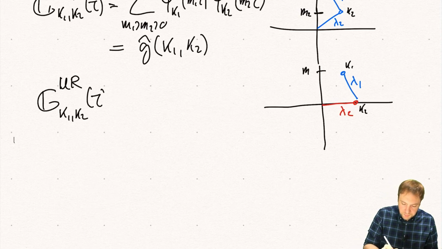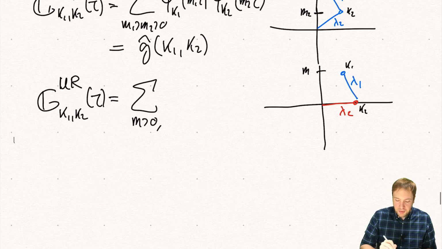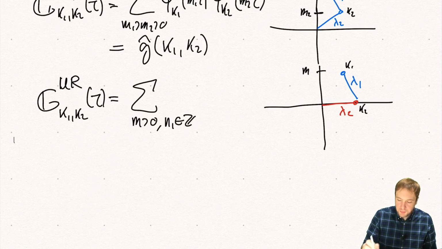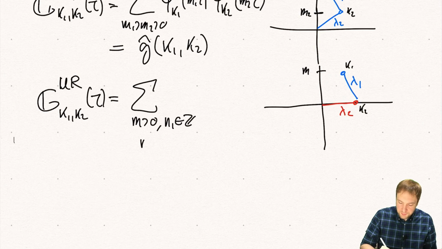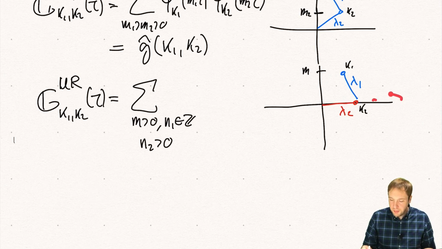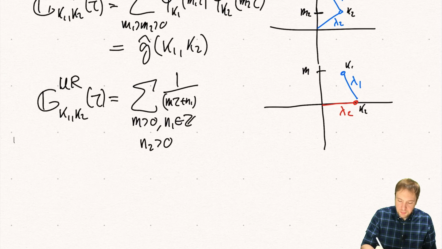So this here, I can write it again. So this just means I take the sum over all m greater than 0, and n1 can be any integer. So this corresponds to this here. So here is n1. And here I take the n2 to be anything. So this is then (m tau plus n1) to the k1.